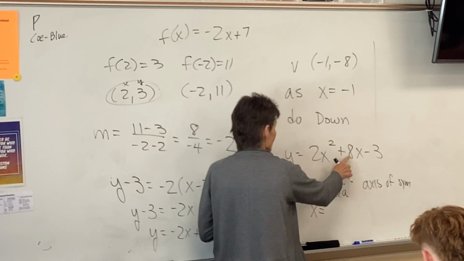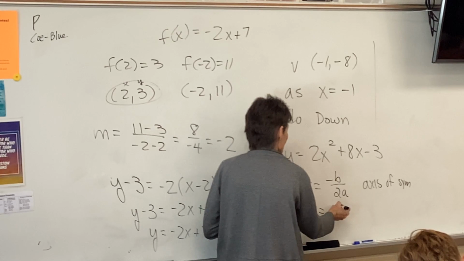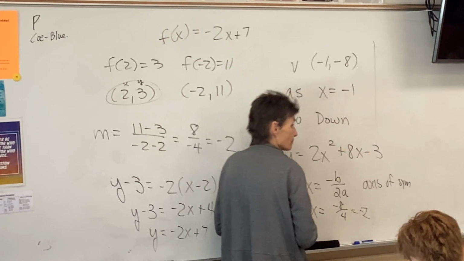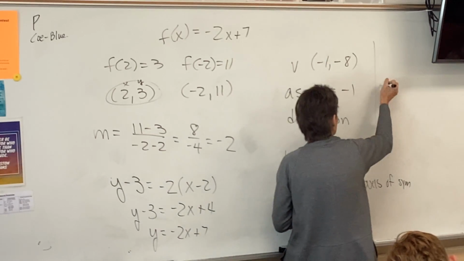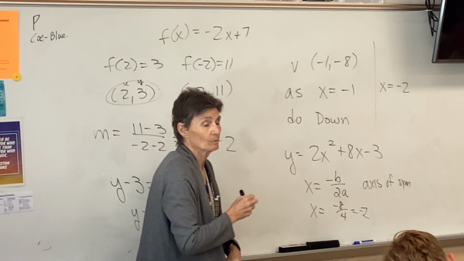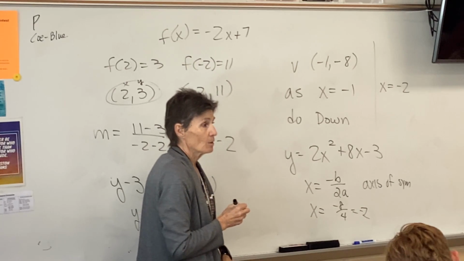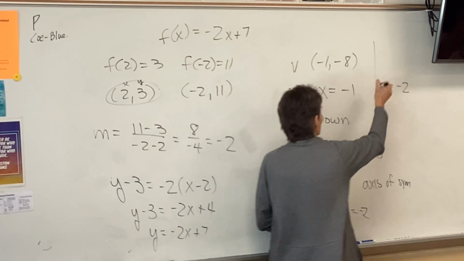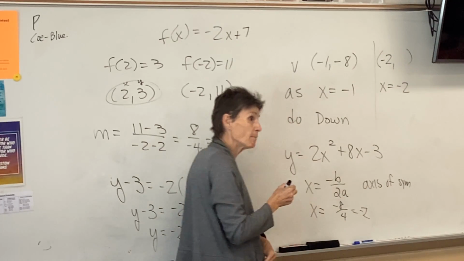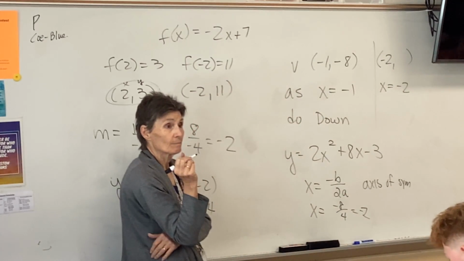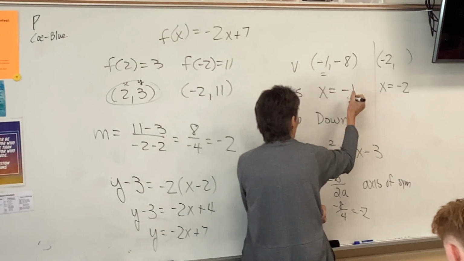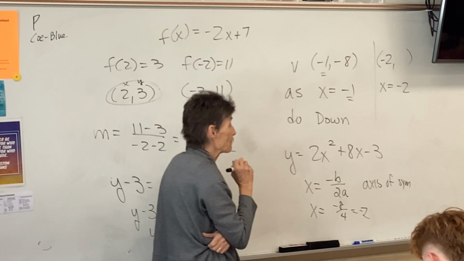A is 2, b is 8. So negative 8 over 4, negative 2. So my axis of symmetry is x equals negative 2, which means my vertex is negative 2 comma, because these always match.